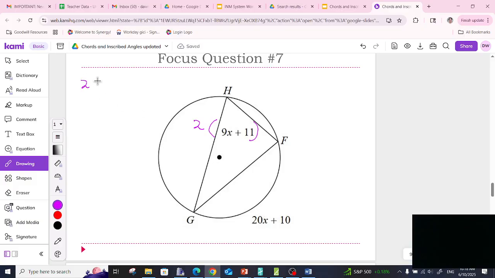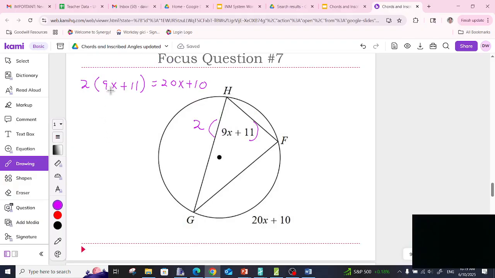So 2 times 9x plus 11 has to equal 20x plus 10. What's it asking for? Well, that's weird. They didn't tell me what they're asking for. Well, we'll find x and we'll find the measures also.